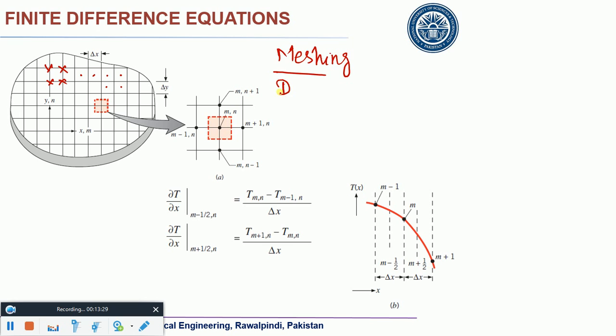This process is also known as discretization. This division of the whole surface into small elements, this is known as meshing or discretization, right? So this is also known as grid generation.